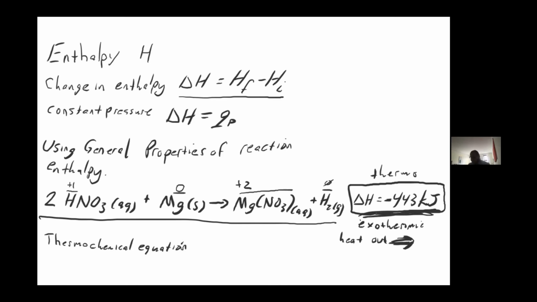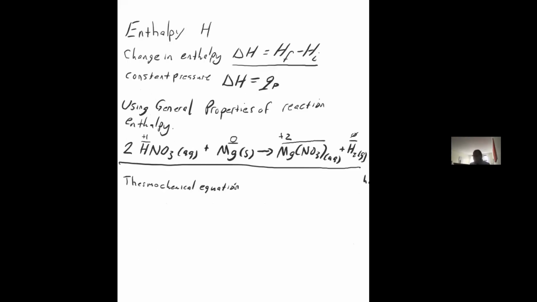So as I go through this problem, we're going to manipulate it a little bit. We're going to manipulate it in the following way. Let me just rewrite the equation again.